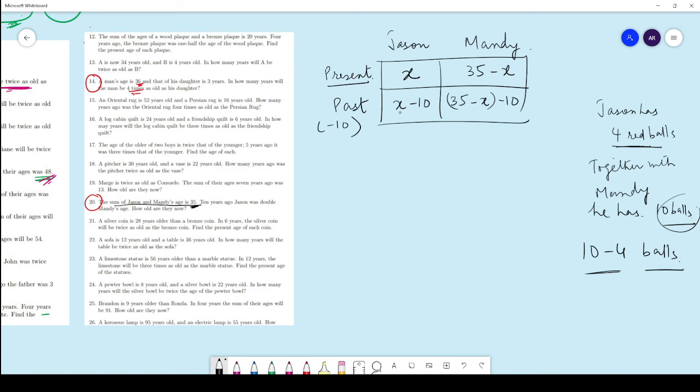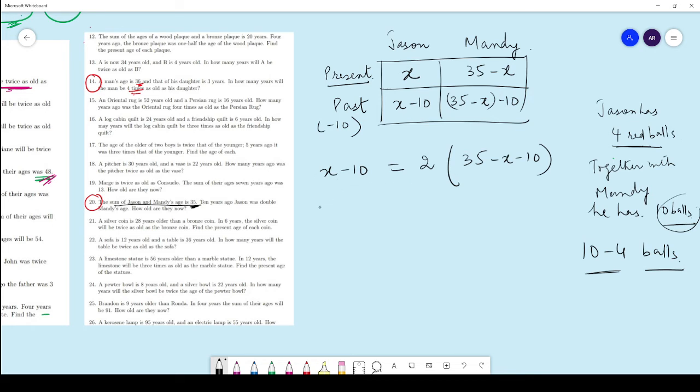So the relation which we get over here is 10 years ago, Jason was double Mandy's age. So whatever Mandy's age was, when we double it, it becomes equal to Jason's age. So we get this equation over here.